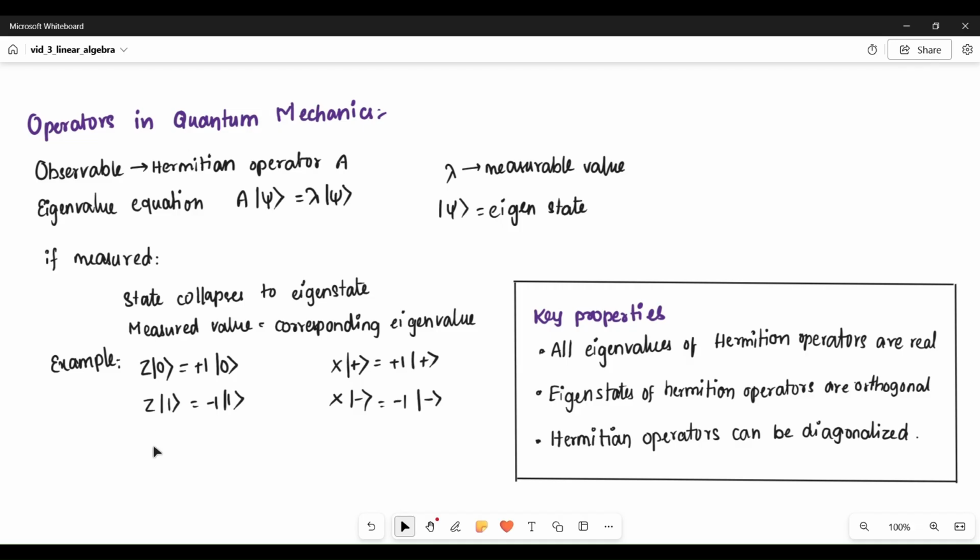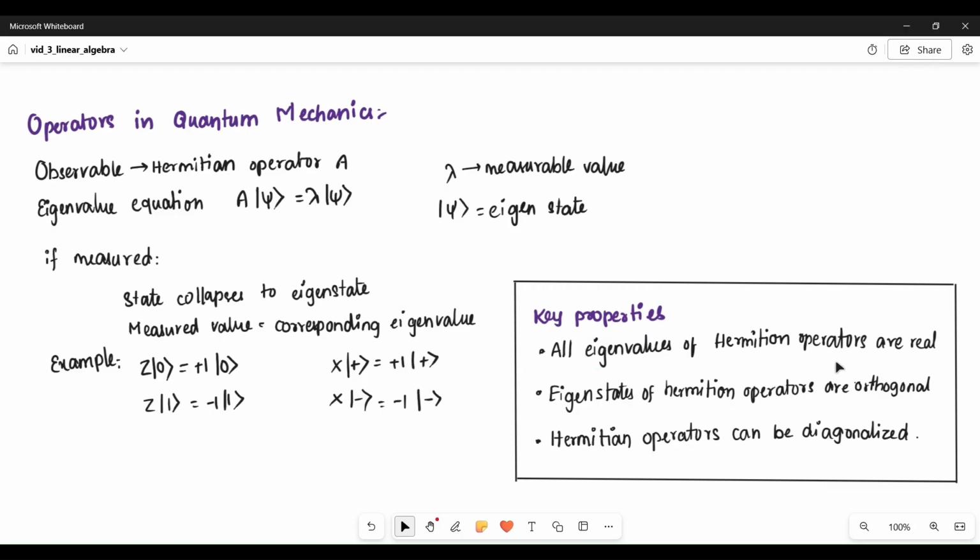But Z isn't the only operator. The Pauli X operator has its own eigenstates. |+⟩ has eigenvalue +1, |−⟩ has eigenvalue −1. When you measure a quantum system, the state collapses onto one of the eigenstates of the operator, and the measured value is the corresponding eigenvalue. There are some important properties of Hermitian operators.